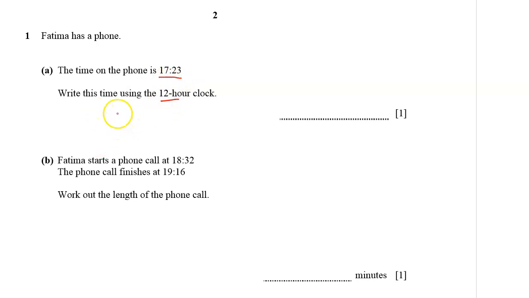To do that, you need to minus 12 from this 24-hour time. And what you get here is 5:23, and this should be PM. So in the 12-hour clock, the time is 5:23 PM in the evening.